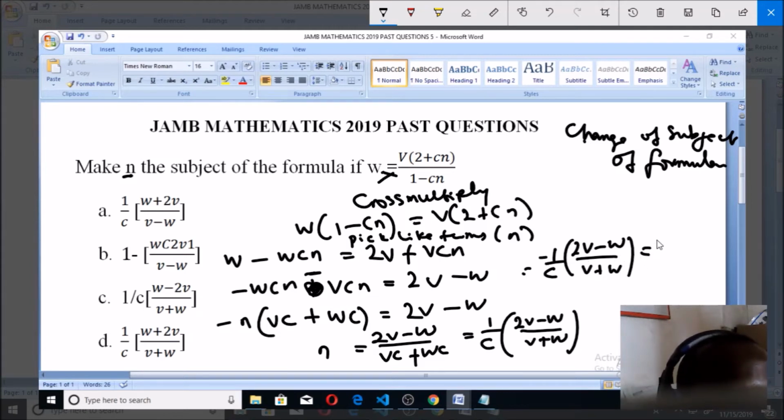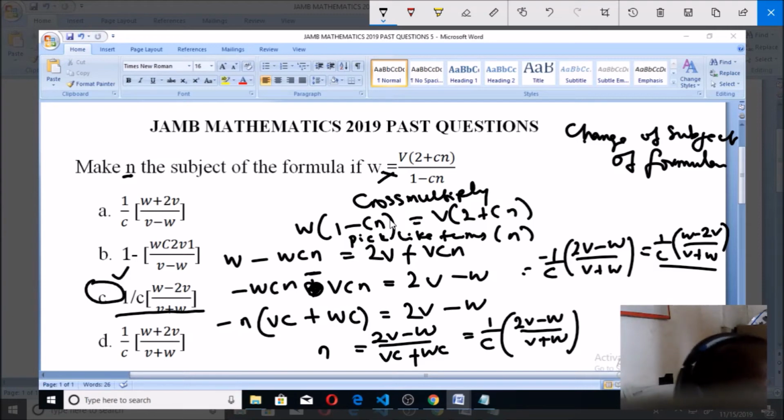By taking it inside, you have 1 over c into bracket, instead of having 2v minus w, you now have w minus 2v all over v plus w. So that's what we can have, and you can see that this option is very similar to what we have here, and that makes C the correct answer.